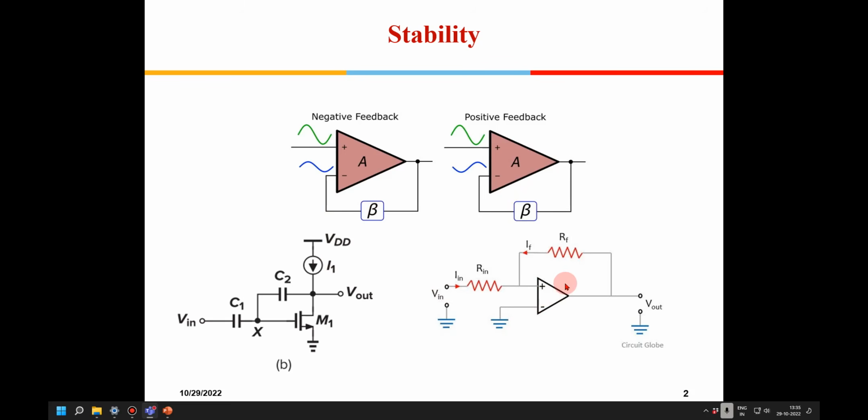Again, we saw one more here where the output is fed back. This is known as positive feedback, where if the signal is getting inverted in the feedback network, so that this beta network introduces a 180-degree phase shift, then you will find this signal is inverted here.